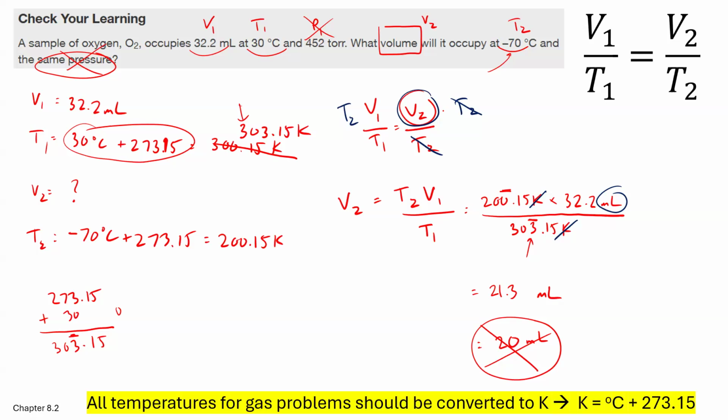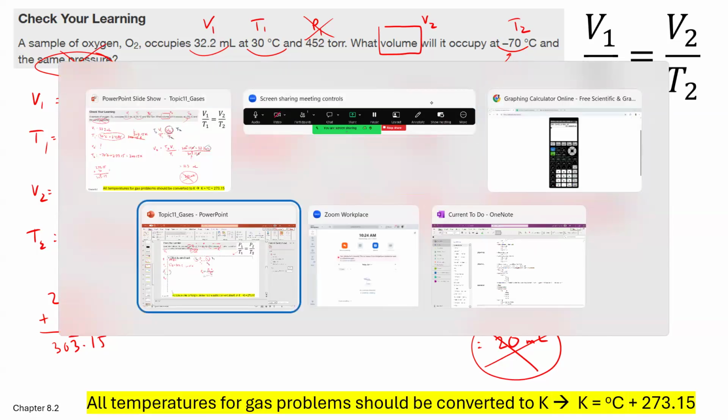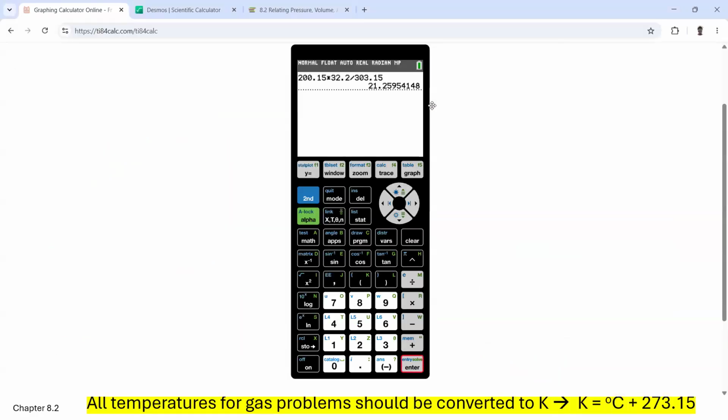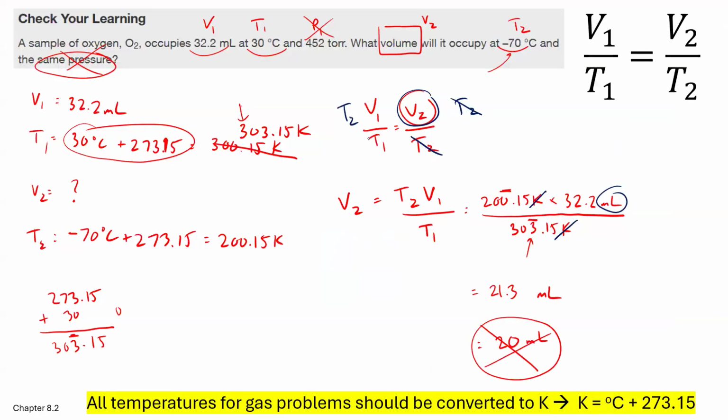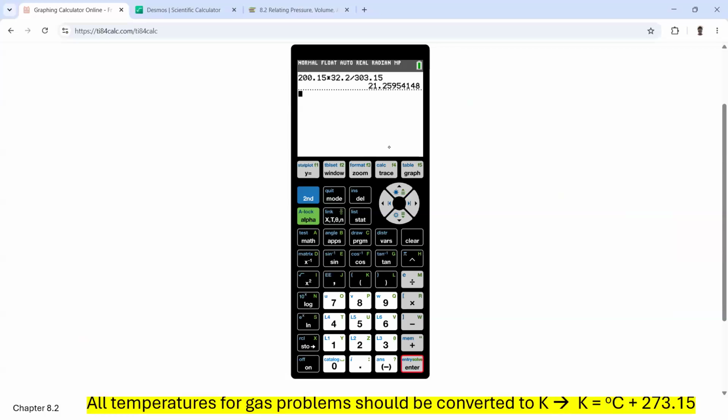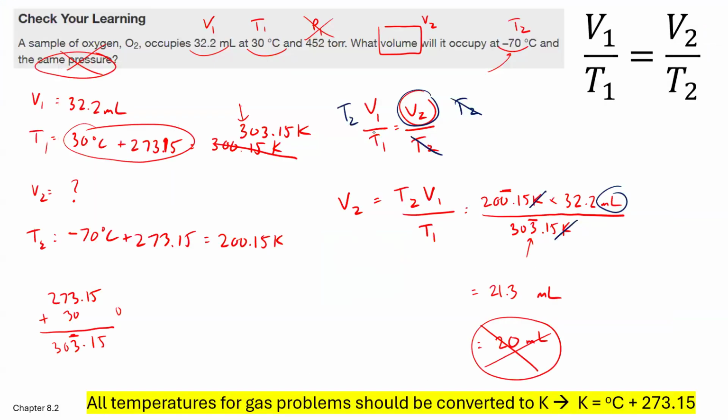Okay, no, I think I did that correctly. 200.15 times 32.2 mils divided by 303.15. I feel like I'm doing something wrong, but 303.15, yeah, that's correct. So it's going to be 21.3 mils.